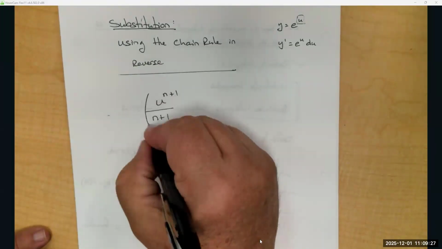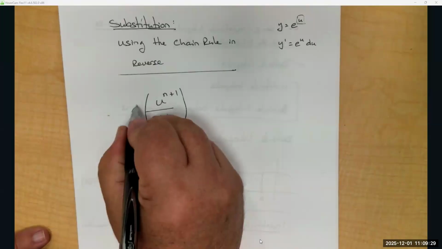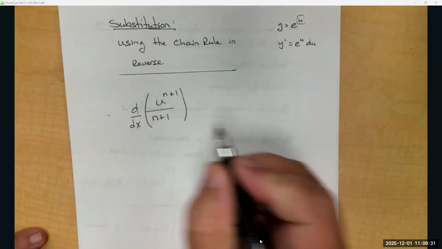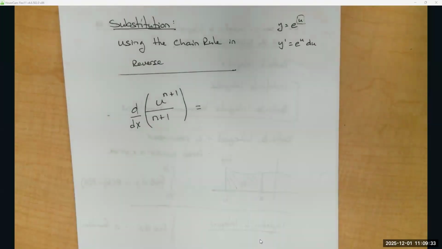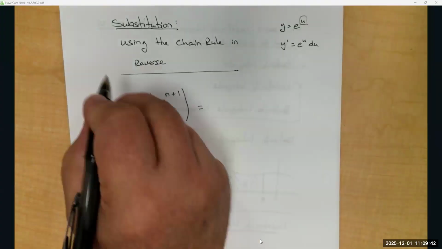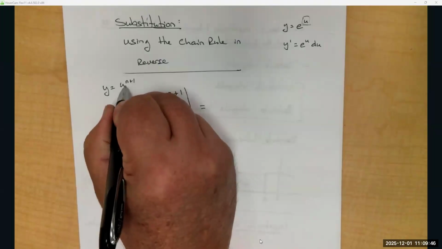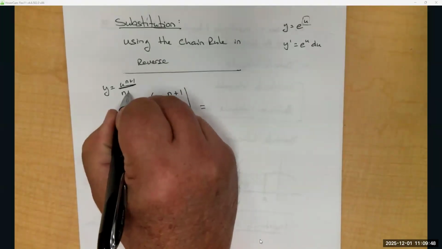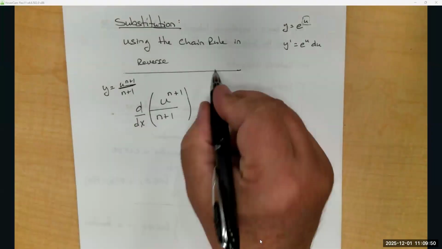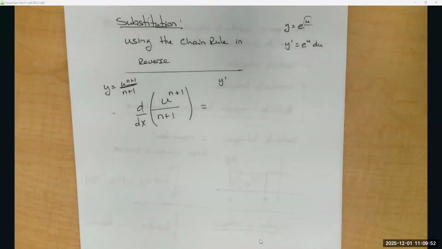And if we took a derivative of it with respect to x, what would that equal? If y equals u to the power n plus 1 over n plus 1, what would y prime give us?